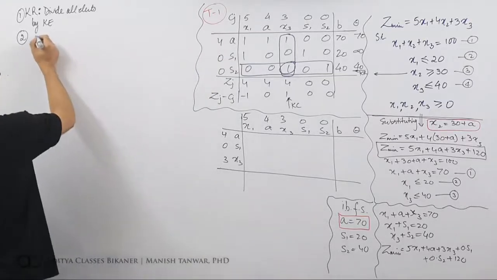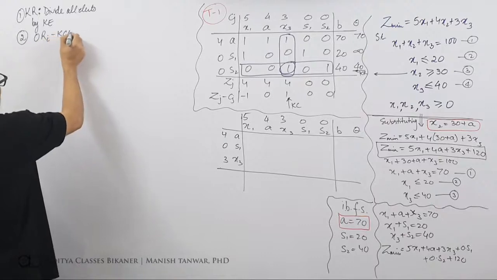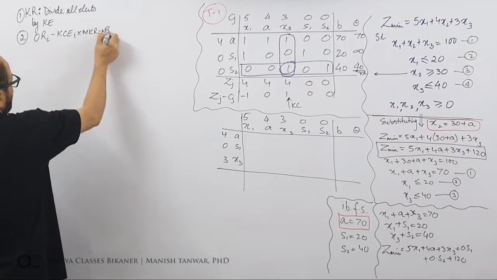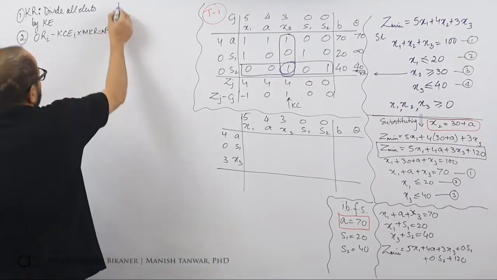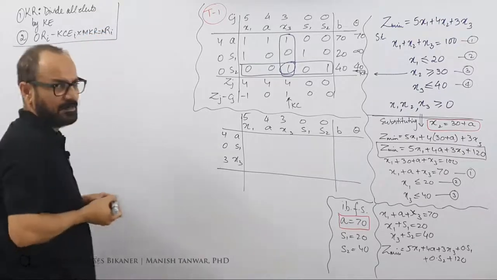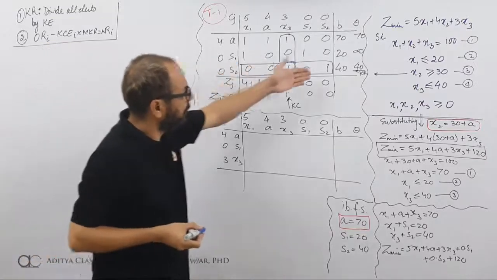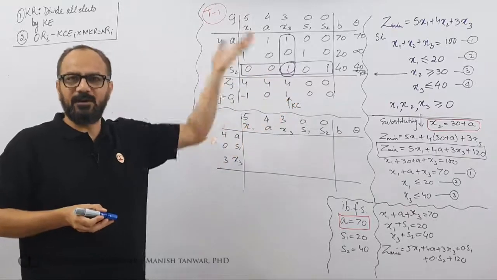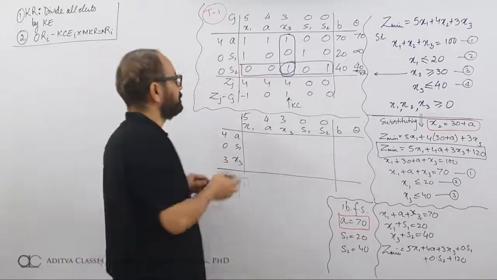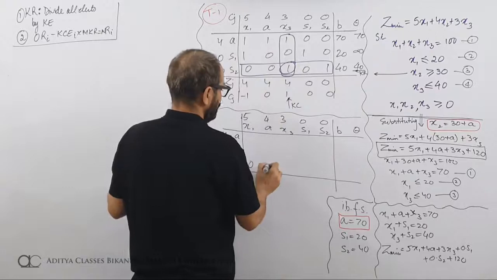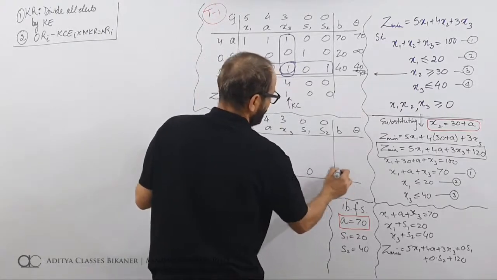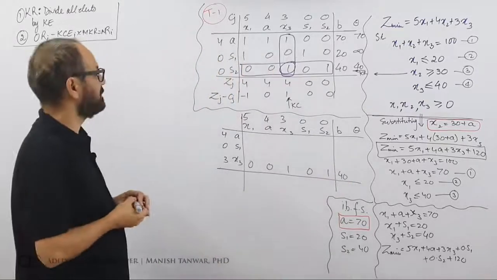For them, the rule is old row i minus key column element i multiplied by modified key row is equal to new row i. These are our two rules. So, divide the complete key row by key element. Key element is 1. So, when you divide all elements by 1, there will be no change. So, I can directly write them over here 0, 0, 1, 0, 1 and 40. Done. Key row has been transferred.